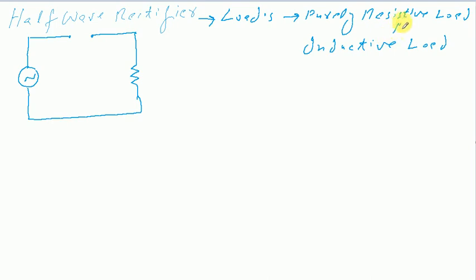This one is termed R type of load, the other one is termed RL type of load. Then we'll have another type, termed RLE type of load, in which we'll have a combination of series resistance and inductance plus some sort of voltage source. What is the practical application of that? We can consider having a battery on the load side, which will be represented by a voltage source in the discussion or in the textbook.